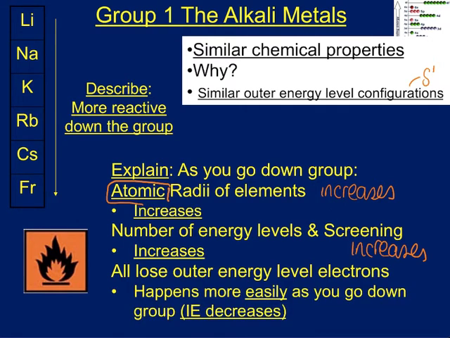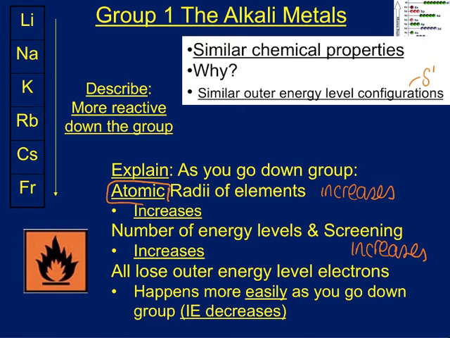So again, going back to ionization energy, that's going to decrease. So the reactivity is due to the size of the atomic radius and how good that is at holding the outer shell electrons to itself. So the further away you are from the nucleus, the easier it is to lose electrons.